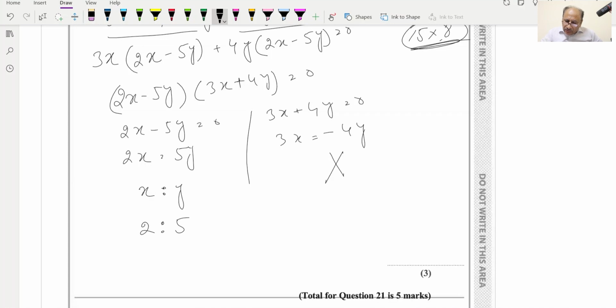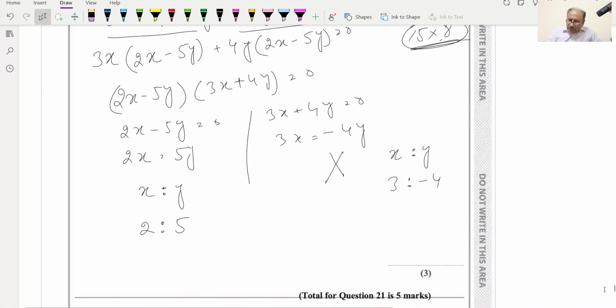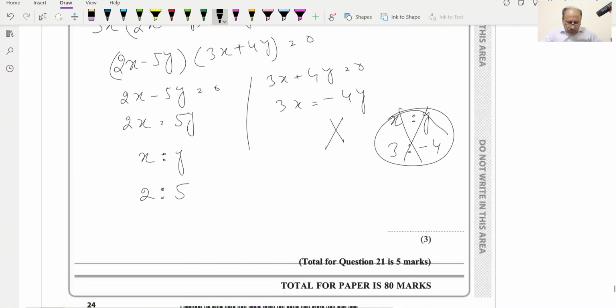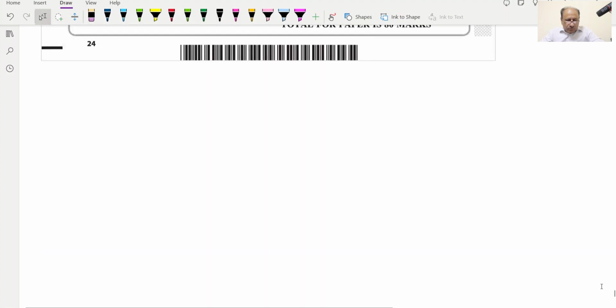Why are we not taking this one? Because if we shift it into ratio, x ratio y will give us 3 ratio minus 4, and in the question it is provided that y and x are greater than 0. So because of this, we have rejected this. Hopefully you understood this, and the answer is 2 ratio 5. This is a 3 mark question.